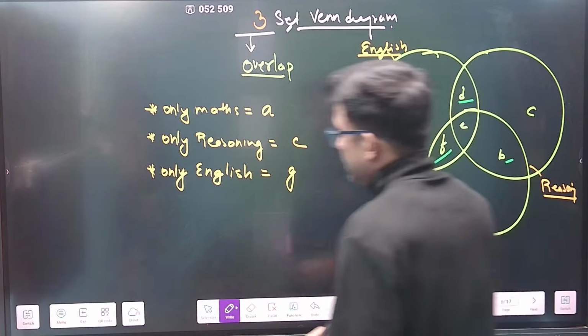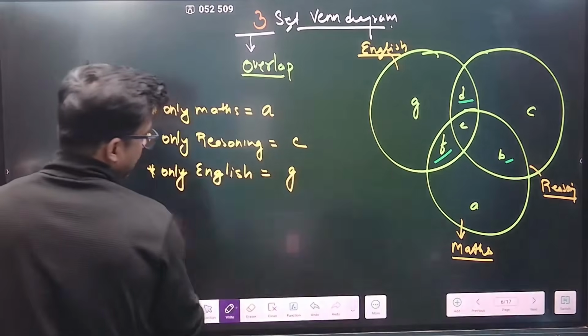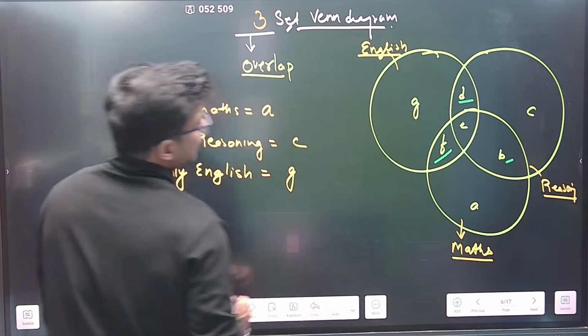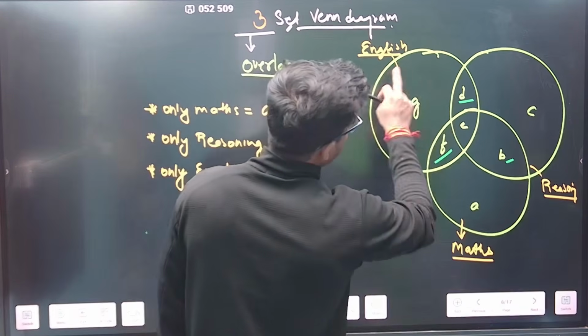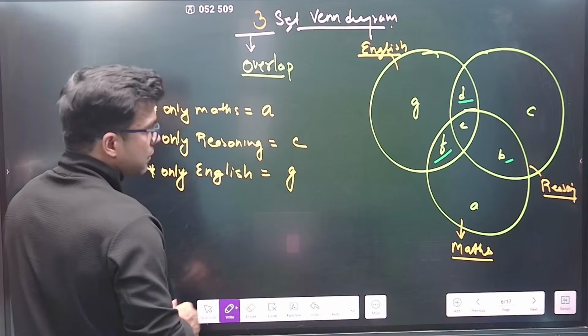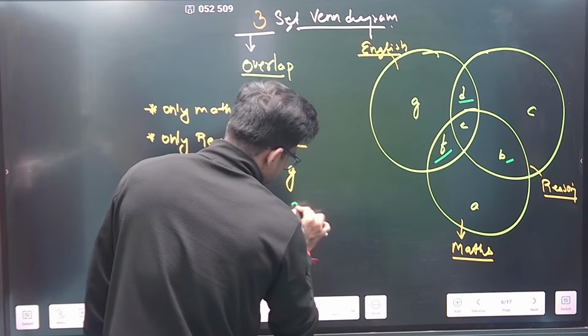So just to make you understand, I'm writing here right now. What is D basically? D is the overlap of reasoning plus English, isn't it? Yes.